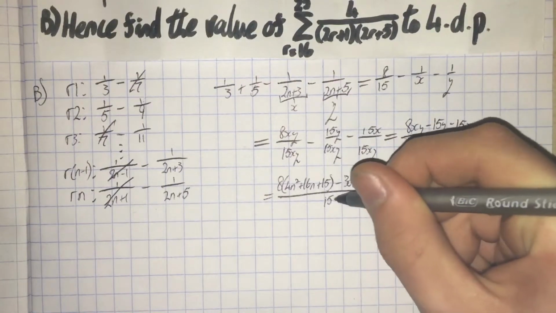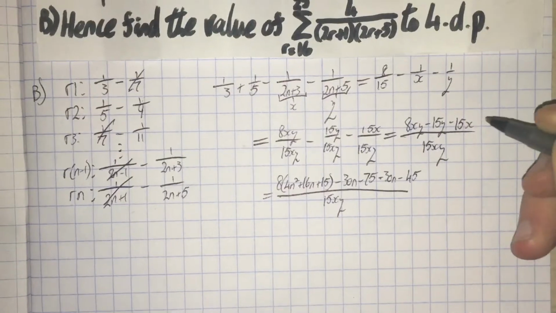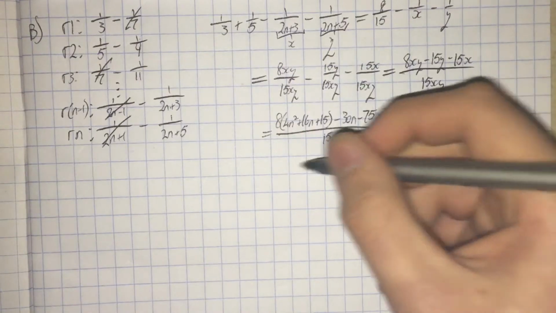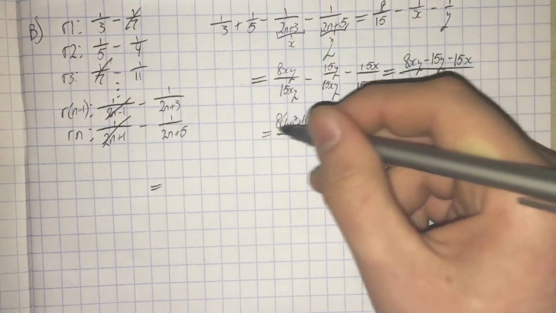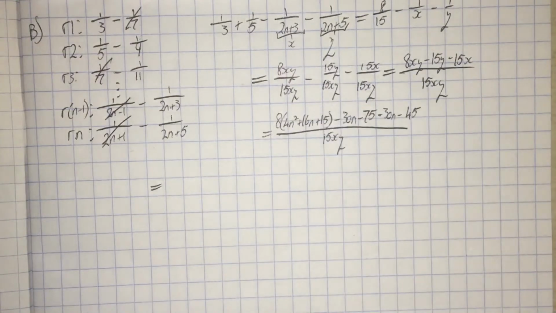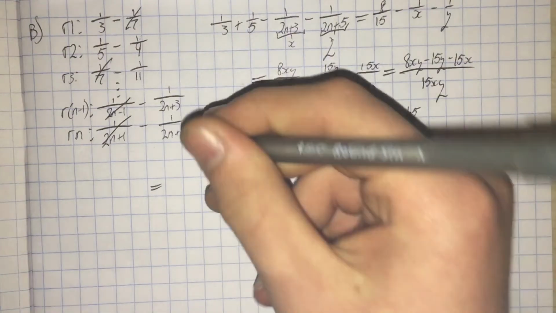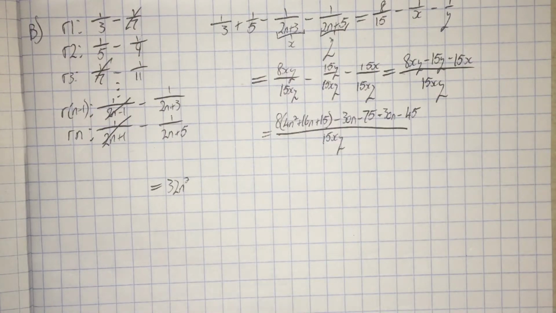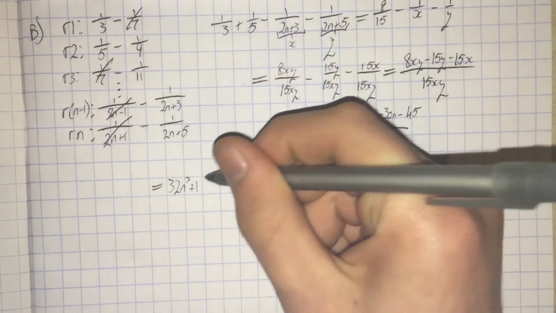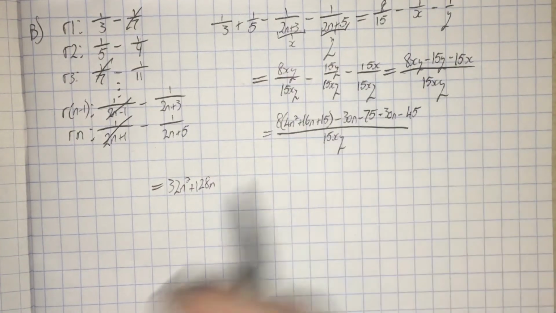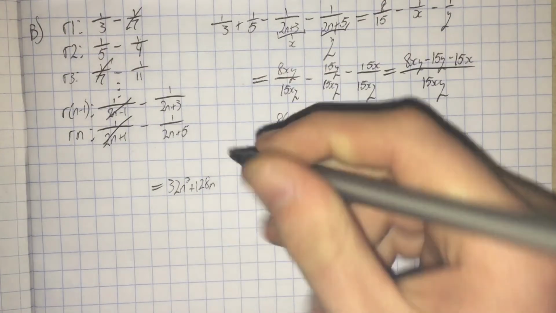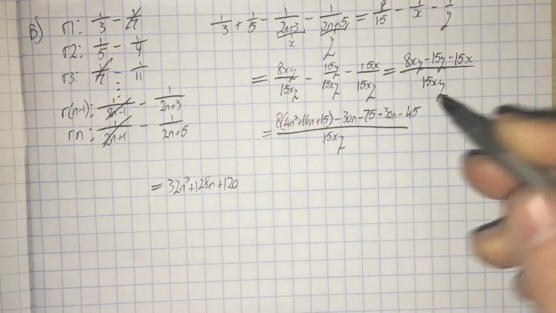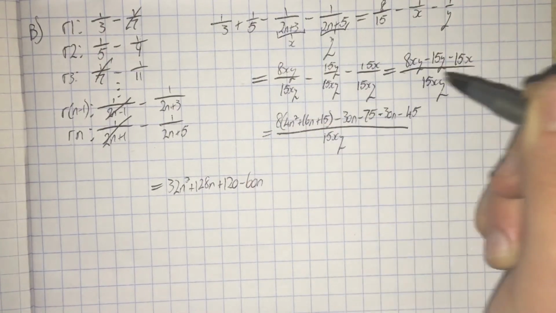all over 15xy. So let's simplify this even further. We need to times 8 by 4. If you do 8 times 4, then you'll get 32n squared. 16 times 8 is 128, so it's plus 128n. 8 times 15 is 120, and of course we're going to use minus 8 from out of the term, so there we are. 120 minus 30 minus 30, that's minus 60n.